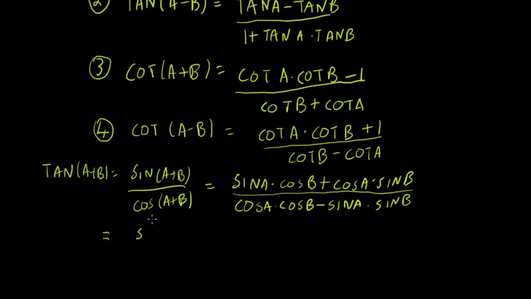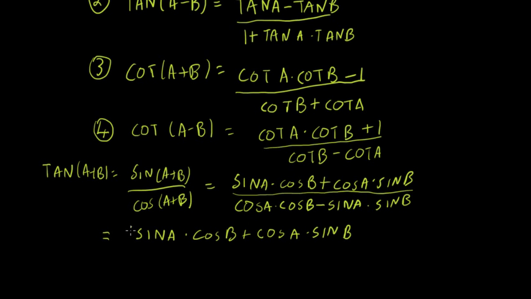So what we'll be doing here is dividing both the numerator, sine of a cosine of b plus cosine of a times the sine of b, and the denominator by cosine of A times the cosine of B.